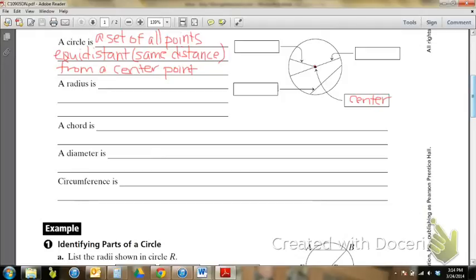Okay, now a radius is a segment from the center of a circle to the edge of the circle.